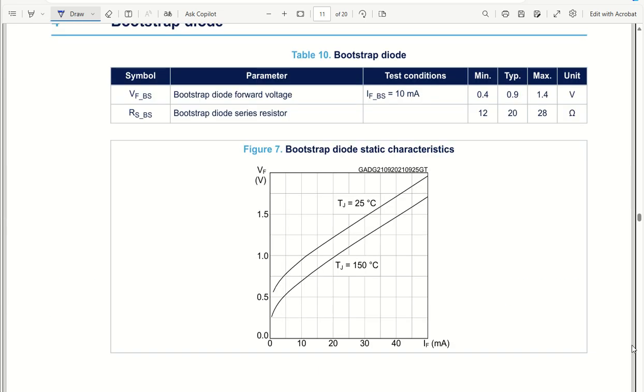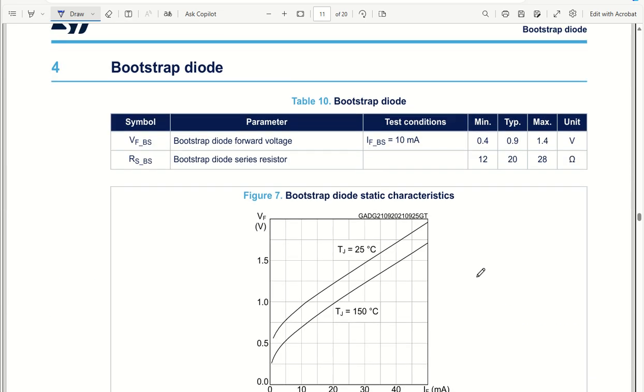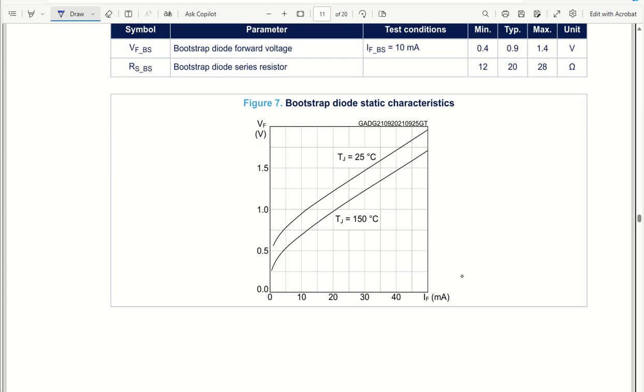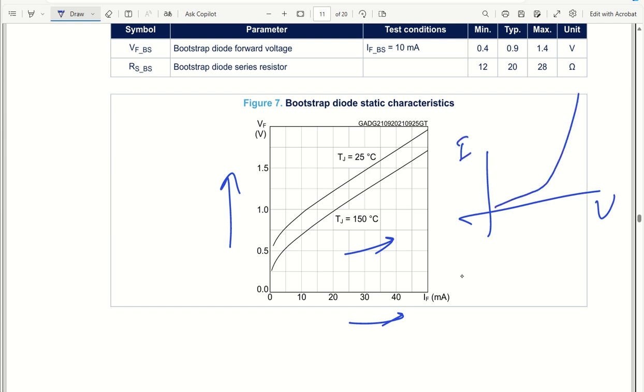Now we'll talk about the bootstrap diode. These are the bootstrap diode characteristics, showing the forward current and the forward voltage. Based on forward voltage, my forward current is increasing. Generally we talk about voltage versus current, and the same graph is shown here, but in the opposite manner.